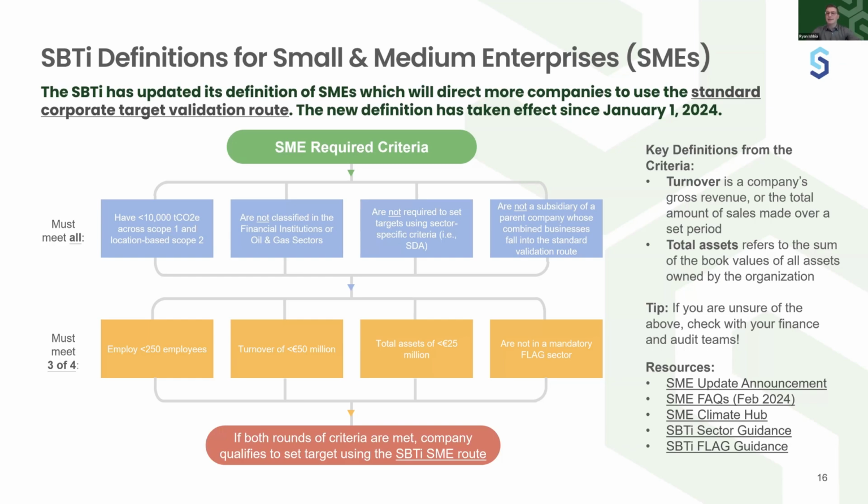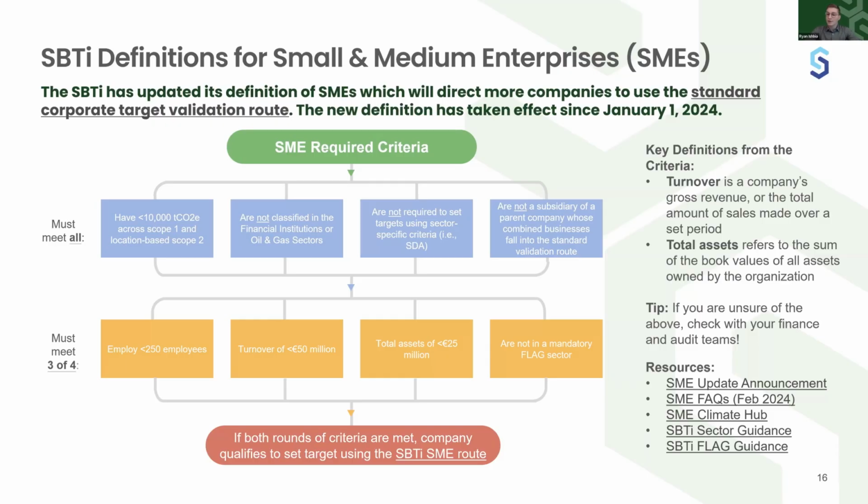These are things like having fewer than 250 employees, turnover under 50 million euro, or total assets under 25 million euros. If you meet those requirements, then you can still use the SME route. If not, you'll need to use the standard corporate process, which comes with broader requirements.